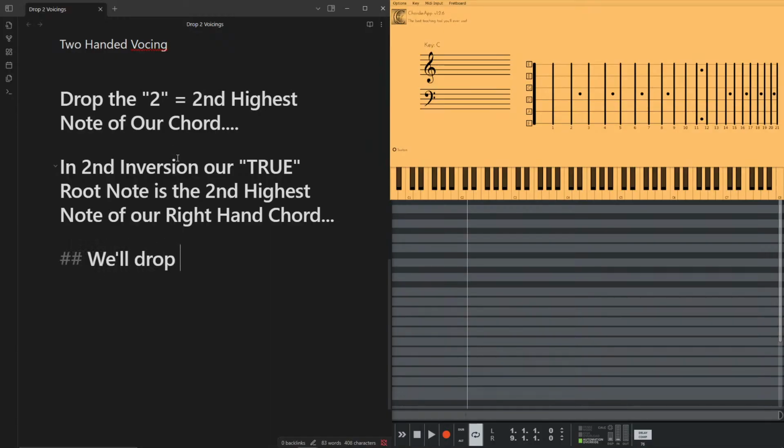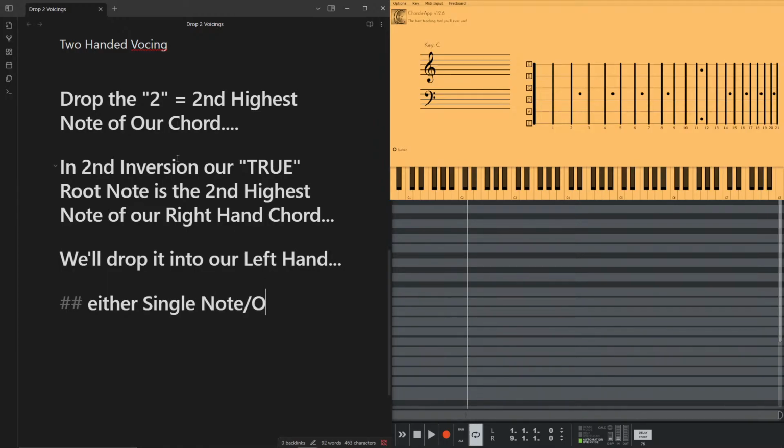We'll drop it into our left. Either a single note or just play the octave.